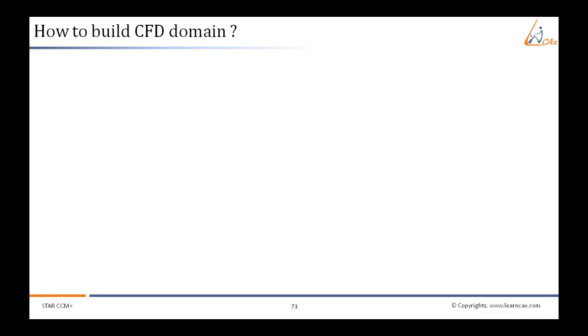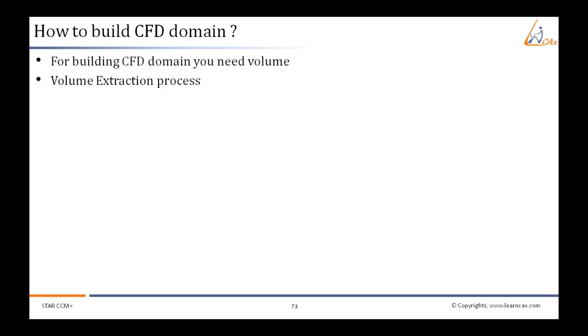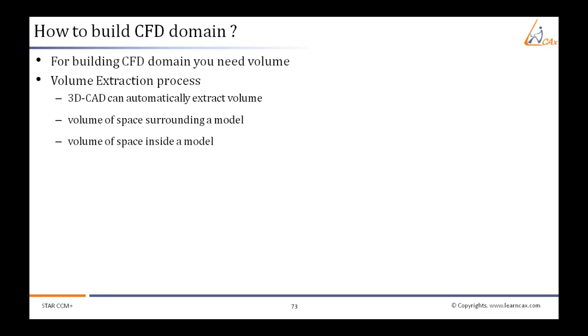How do we build a CFD domain? For creating a CFD domain, we need volume. We need to somehow extract this volume. 3D CAD tool can automatically extract volume. This volume can be space surrounding a model or volume of space inside a model.